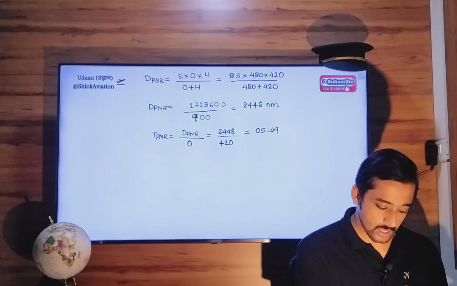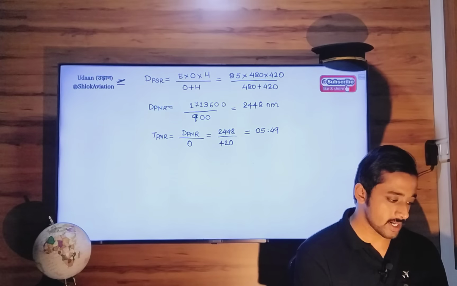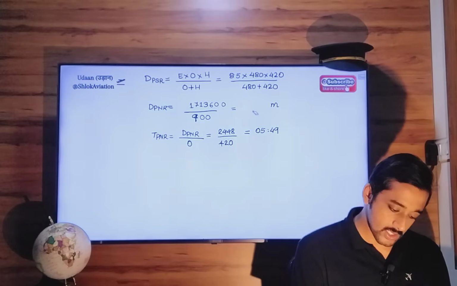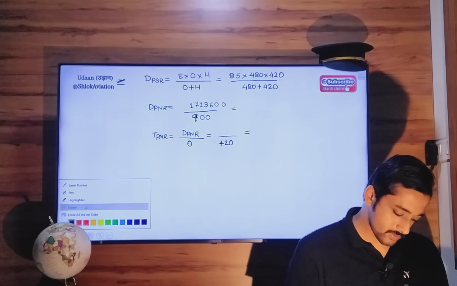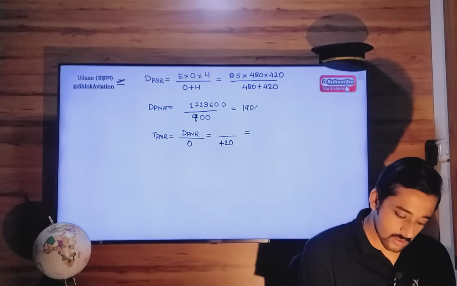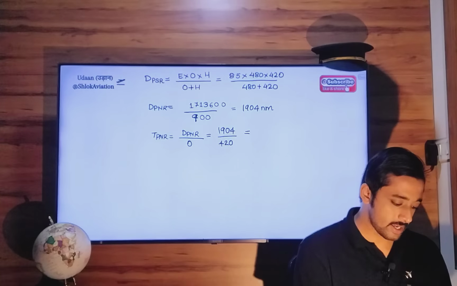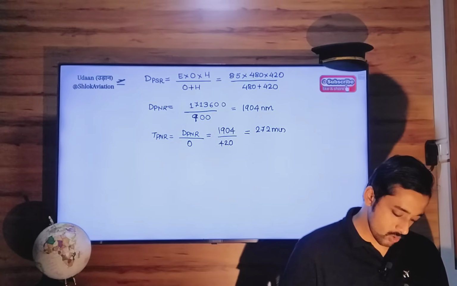So 1713,600 divided by 900 is 1904 nautical miles. 1904 divided by 420 is 272 minutes.